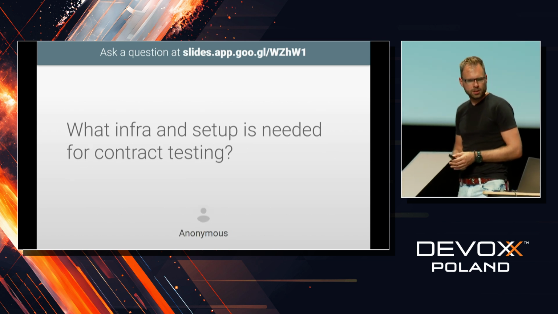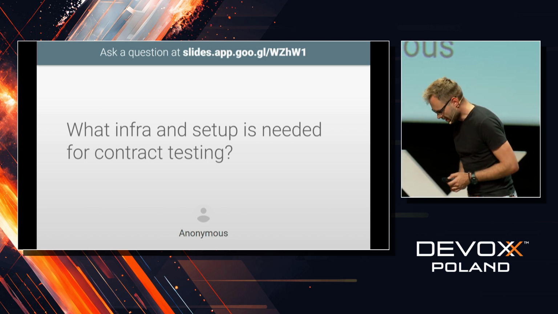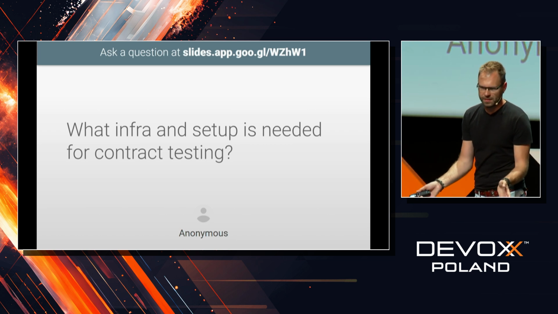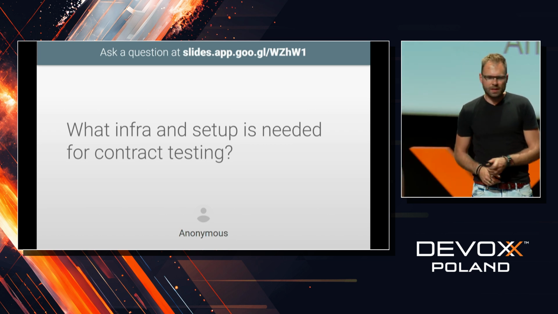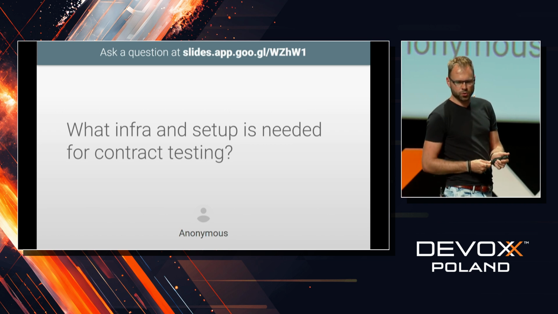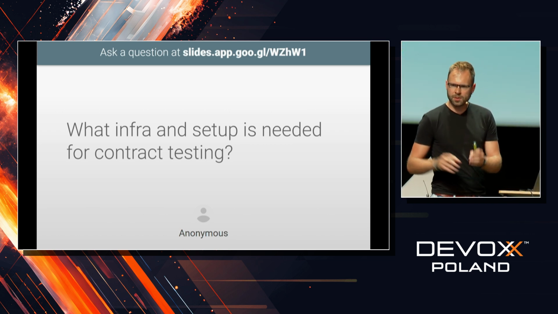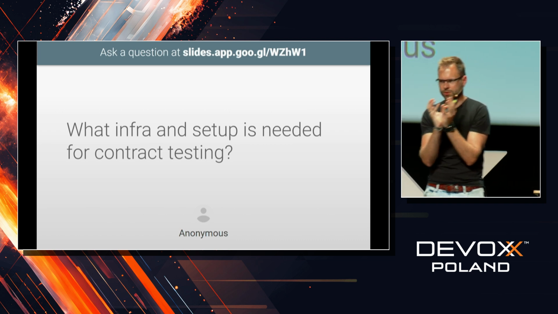because there's a dinner. What infra and setup is needed for contract testing? Basically, Spring Cloud Contract is free. You just publish to a Maven repo. Maybe you have some internal one. But free is a poor man's contract testing. You can set up a broker. There is always a central thing needed to store, to persist the contracts.